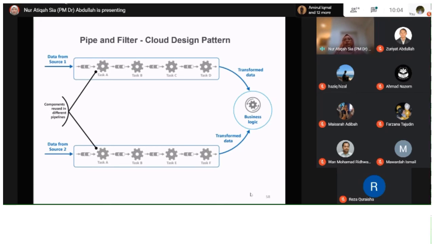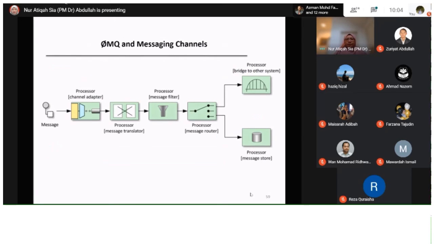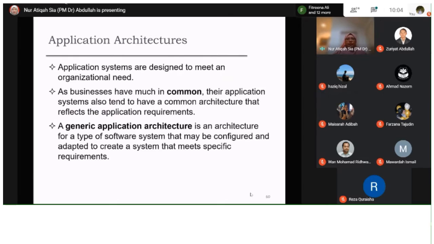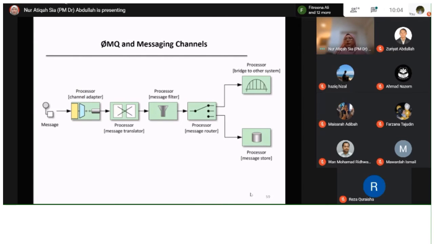Bila macam tu, dia akan transform data untuk masuk proses yang selainnya, business logic yang lain. This is another pipe filter, another one untuk messaging channel. Ini adalah patternnya. Maksud kalau you nak lukis pipe filter, ada proses, clear cut of process.